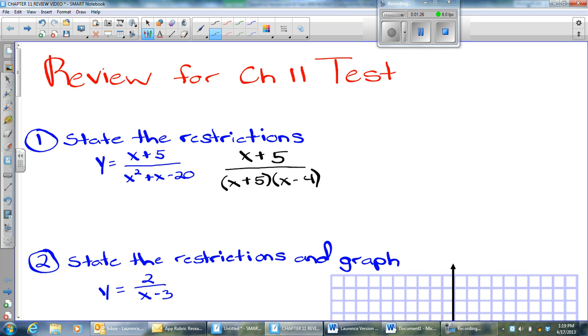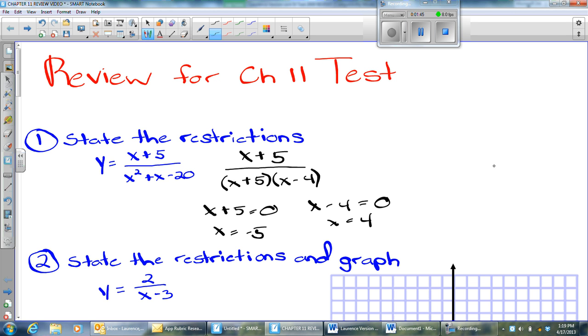Now, if you can't see what the restrictions are right now, we set x plus 5 equal to 0, and we set x minus 4 equal to 0. Solve for x. So x is going to be negative 5, and x equals 4.